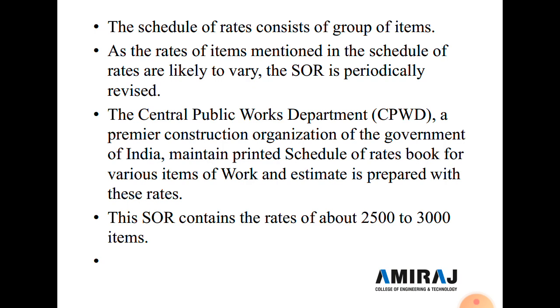This SOR contains rates of about 2500 to 3000 items, and in the CPWD SOR the items are covered under different subheads, like building work, road work, water supply, sanitary, and railway works. So all the works are given under different subheads in a SOR.